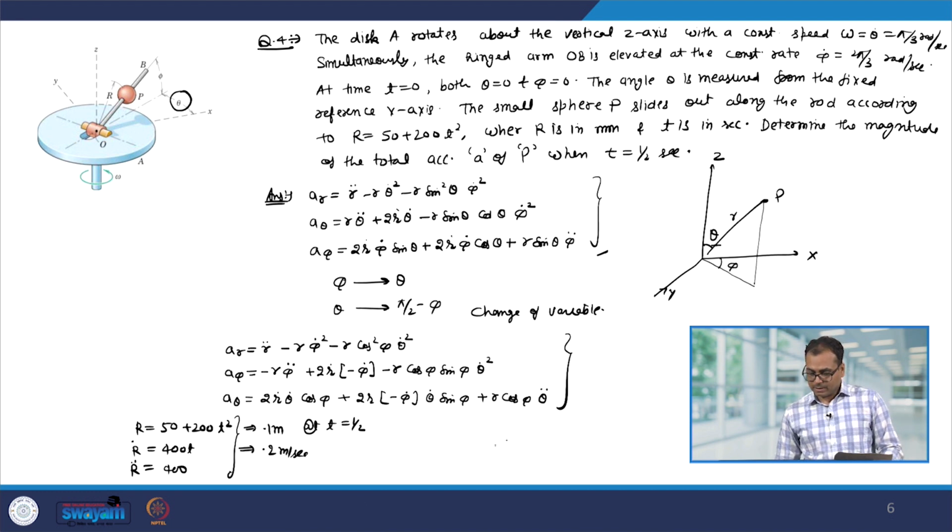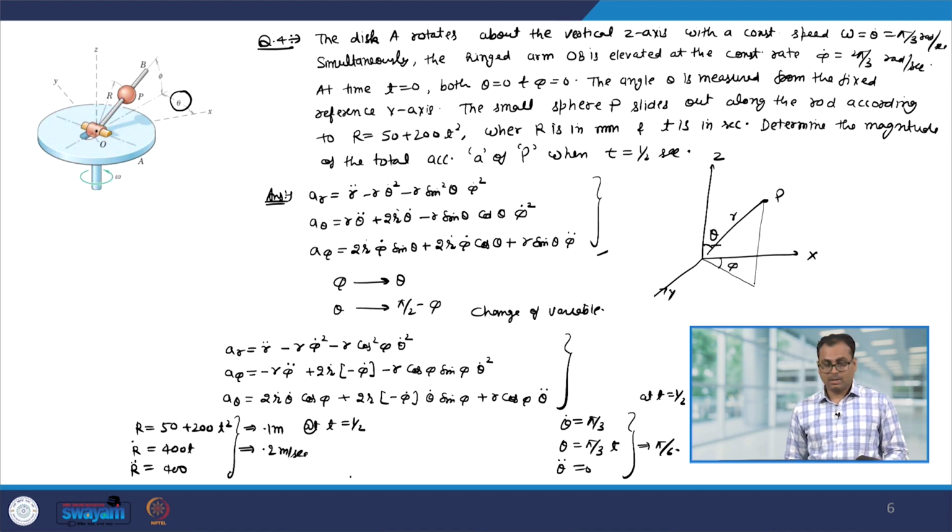Now, let us look at theta dot. It is given that theta dot is pi by 3. Therefore, theta will be pi by 3 into t, and theta double dot will be 0. Now, at t equal to half, theta becomes pi by 6, and phi dot is also given.